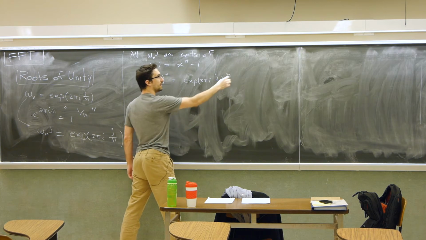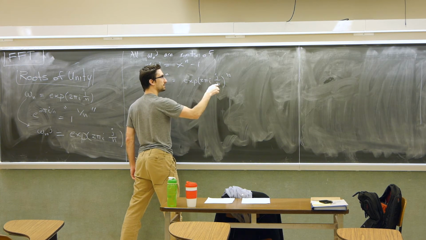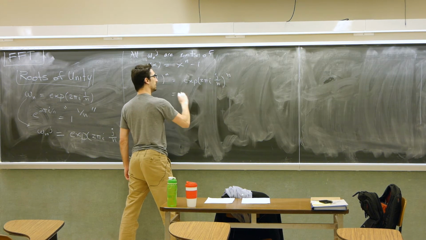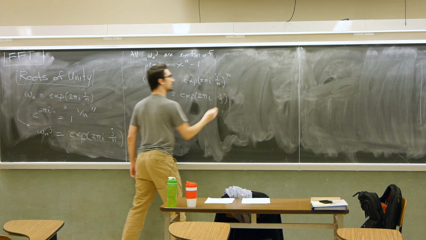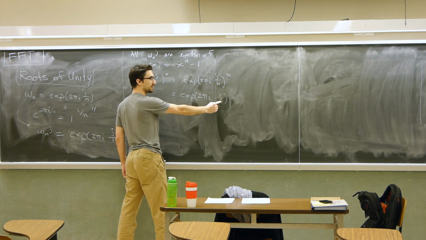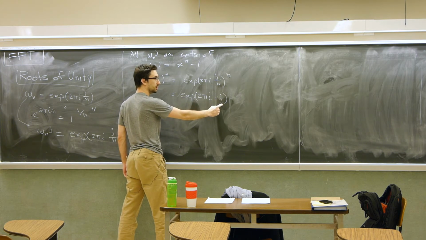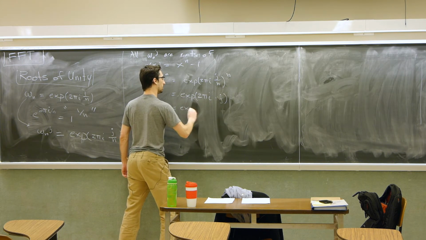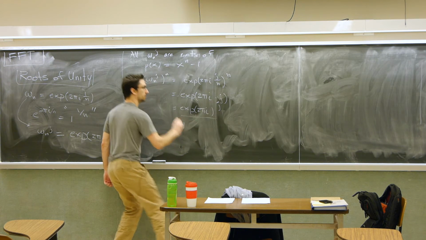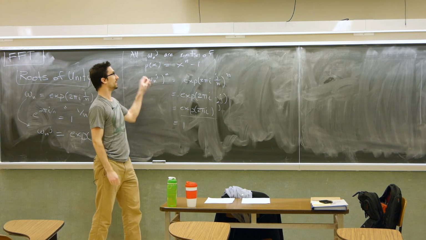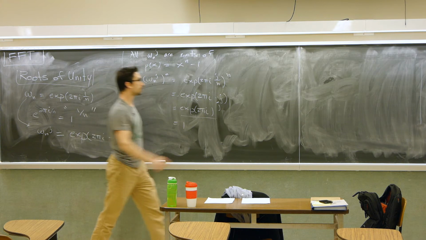And when you do that, the exponent multiplies by other exponents. So j over n times n is just 2 pi i times j. This is just an integer. And so we're really just looking at an integer power of 1. And so all of these roots of unity satisfy this polynomial.